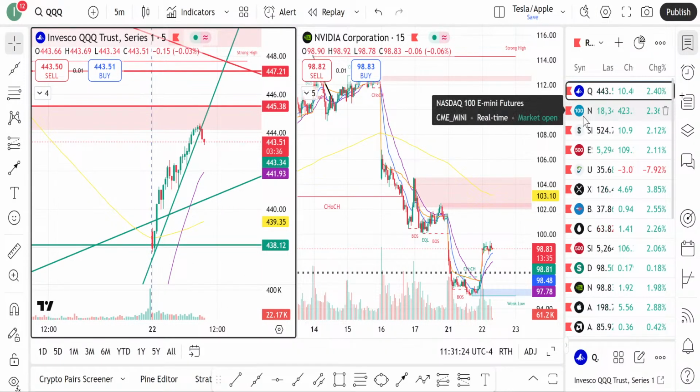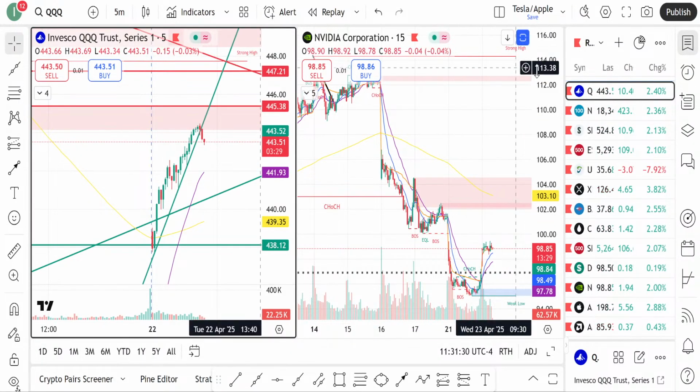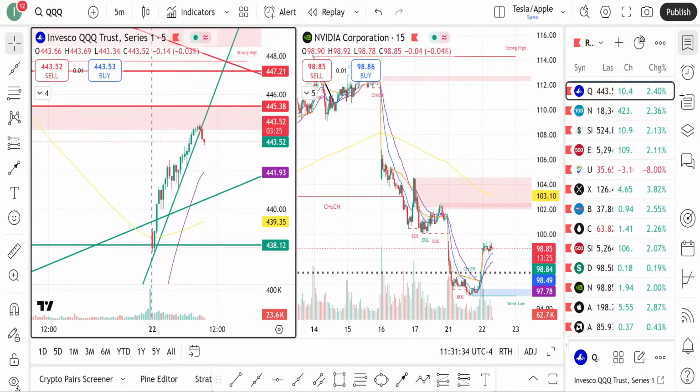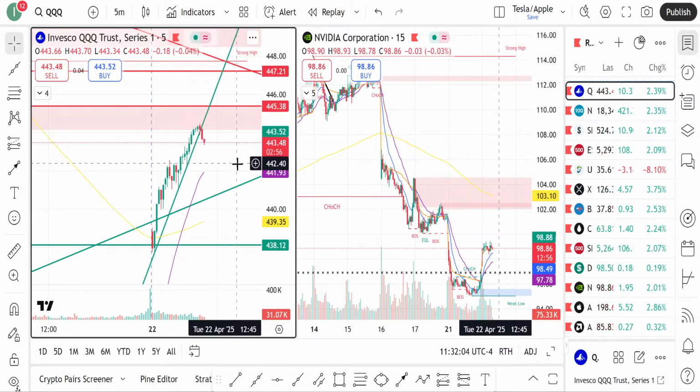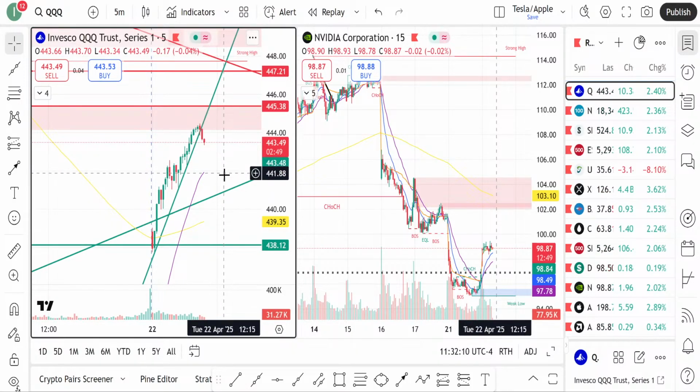Yeah, it looks like we broke this uptrend. I like to see some kind of lower high.